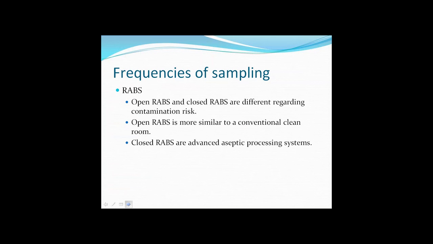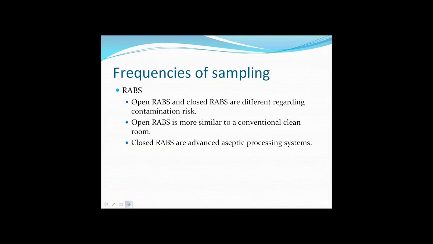Next is the RABS systems, the glove port devices. And the USP 1116 draws a distinction between the open RABS and the closed RABS, and says these are clearly different regarding their respective ability to manage contamination risks. So the open RABS, it recommends monitoring around the same level as the conventional clean room.